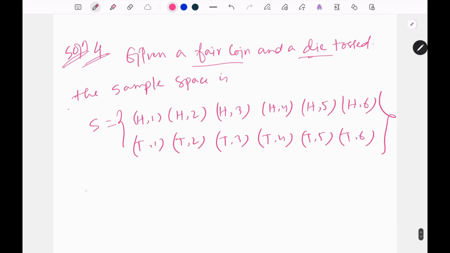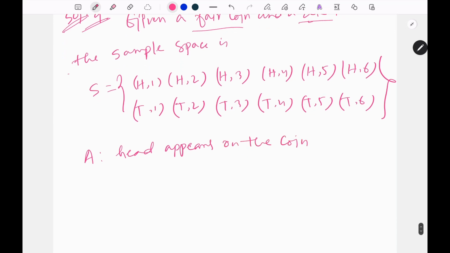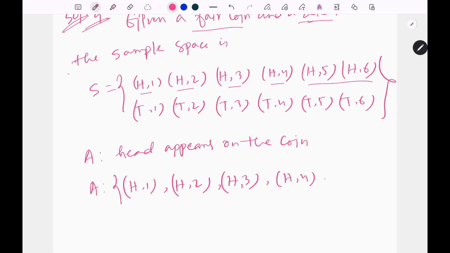Now what is given? A denotes the event that head appears on the coin. So what will be the outcome for this event? Head appears on the coin, that means head 1, head 2, head 3, head 4, head 5, and head 6.